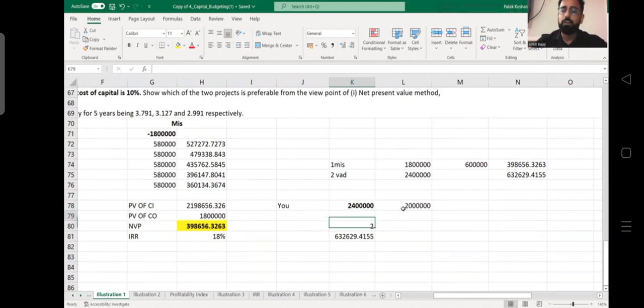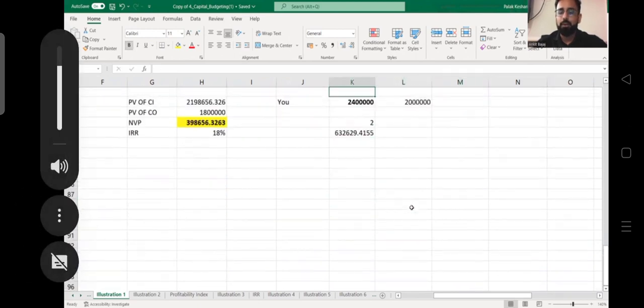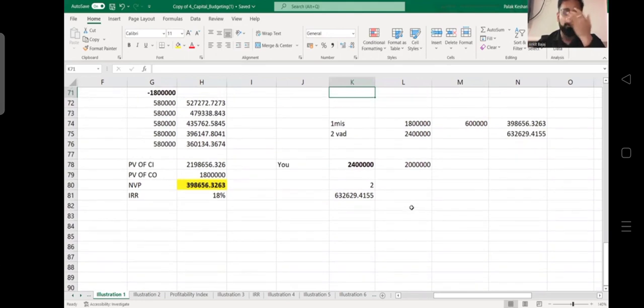But let's suppose you are having only 20 lakh rupees with you, right? Then in this case, you will be able to start only one Misal Pav stall, or you'll be able to start one Vada Pav stall, because you are having less funds, right?